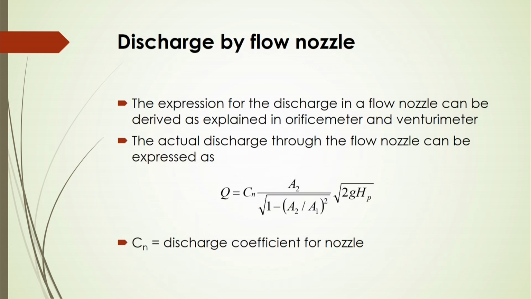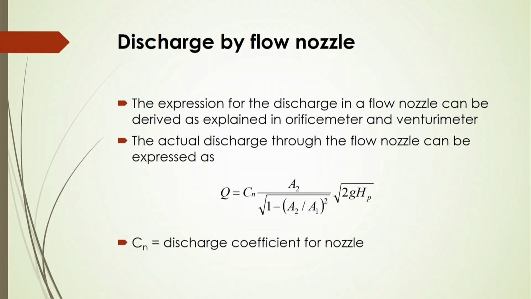Now, how do we calculate the discharge by this flow nozzle, and what is the expression for it? This discharge rate can be derived as per the principles given for the orifice meter and Venturi meter.